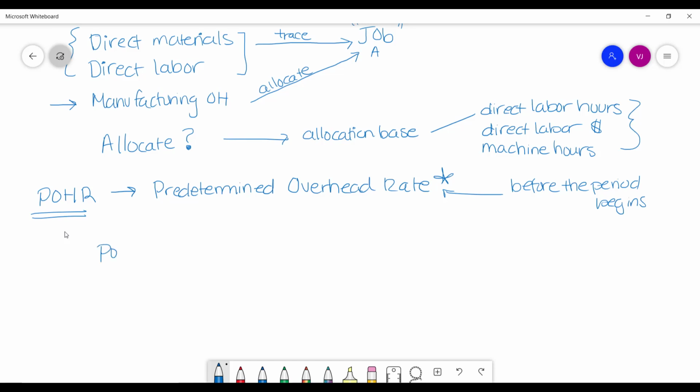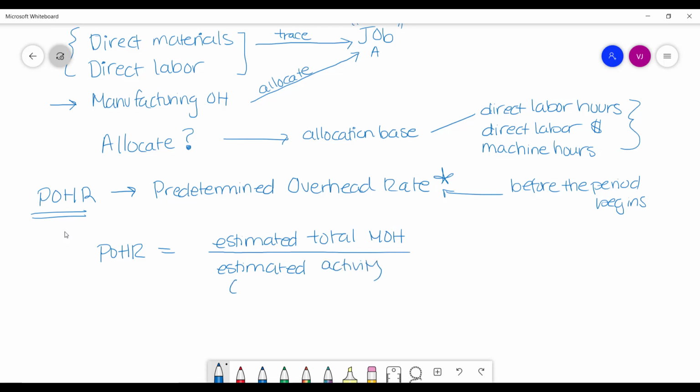Your POHR is going to be defined as follows. It's going to be defined as your estimated total manufacturing overhead cost for the coming period, divided by your estimated activity, or in this case, more specifically, your estimated number of units of allocation base for the coming period.